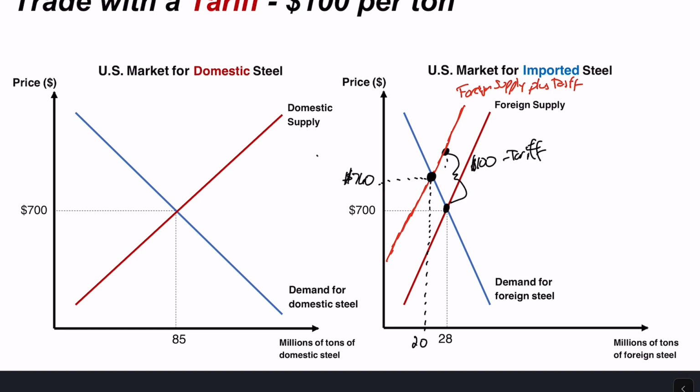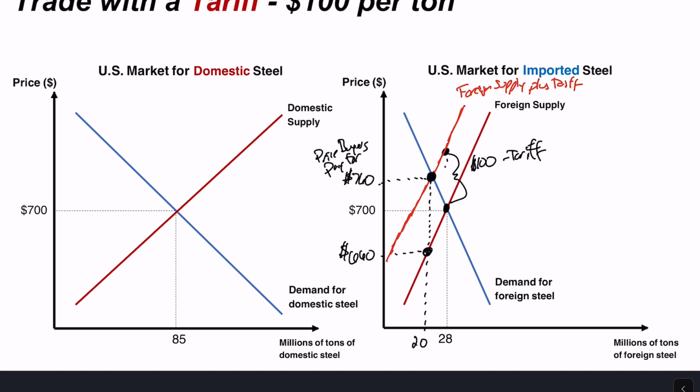And so that will be the price buyers pay for foreign steel. Okay, $760. What do those foreign steel firms get to keep? Take that quantity of 20 up to the original supply curve and then come on over. And we'll say that this is $660.